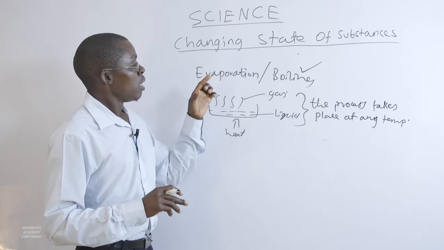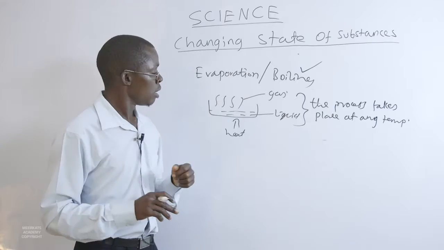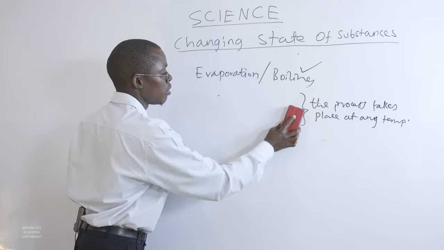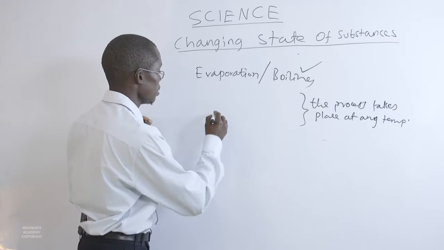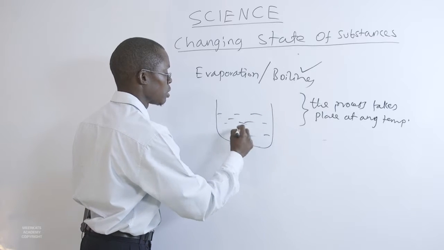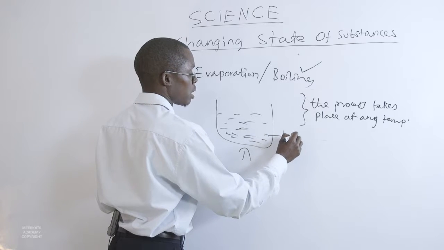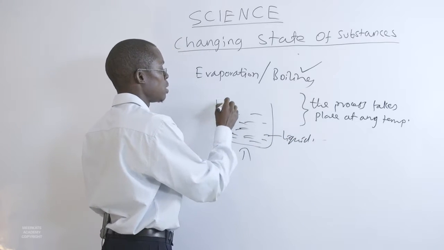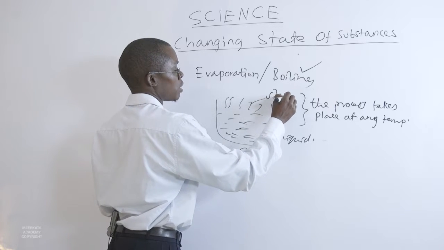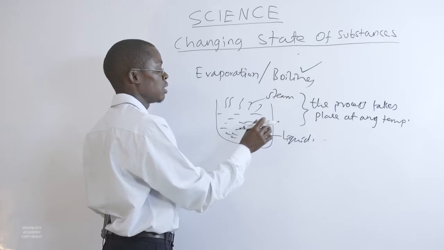Now, to show that boiling is different from evaporation, during heating of a liquid, let's use a little bit more of this. You are heating a liquid. This is a liquid, and this liquid is producing steam, which is just part of a liquid but almost turning into a gas.